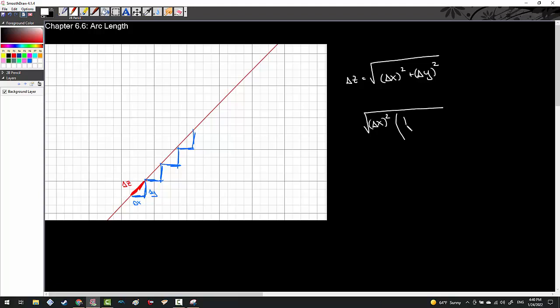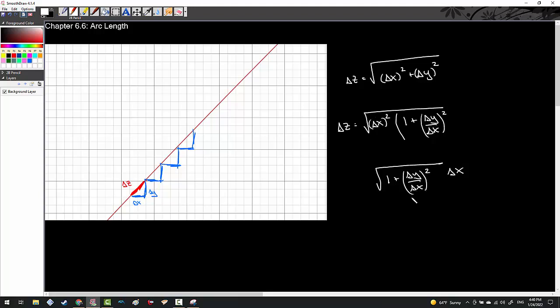What I end up getting is 1 for the left term, and then delta y over delta x, all squared for the second term, and that's equal to delta z. Now, I'm actually going to take the square root of the delta x squared. So what I have is the square root of 1 plus delta y over delta x, all squared, with a singular delta x on the outside.